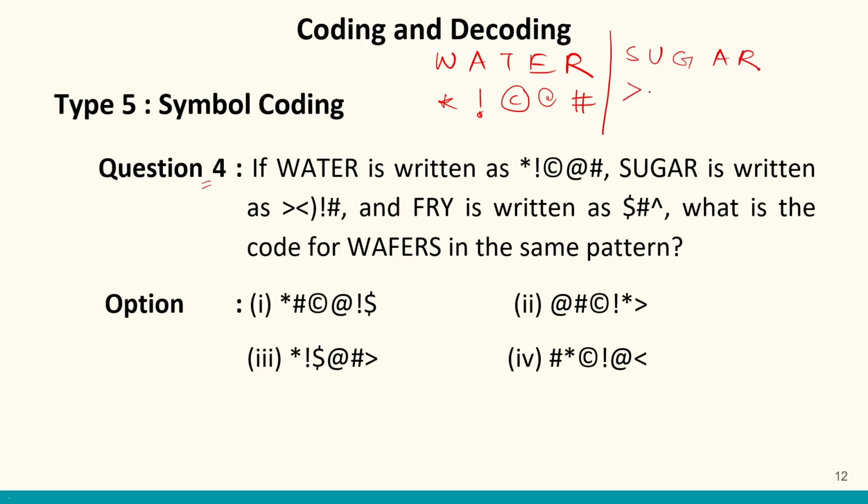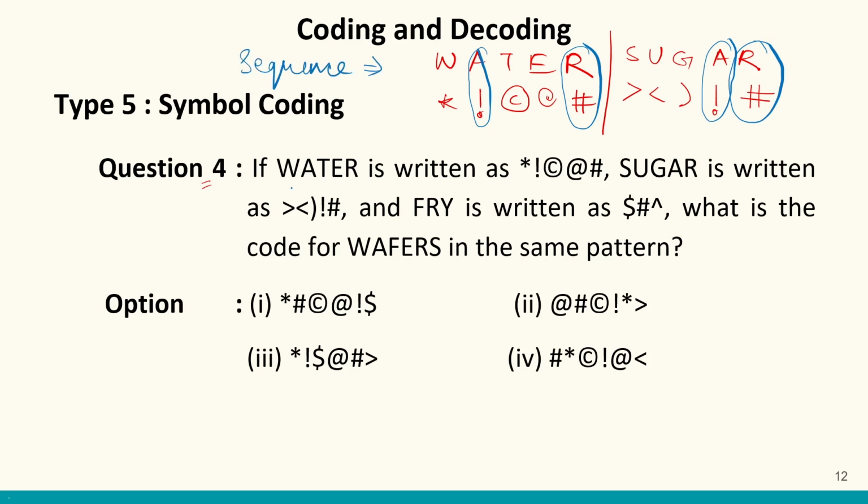Sugar is coded as this. If I look at these two words, I can make out that for A we are using this code and for R we are using this code. So that means that the code is in sequence. We are following a sequence for the code.